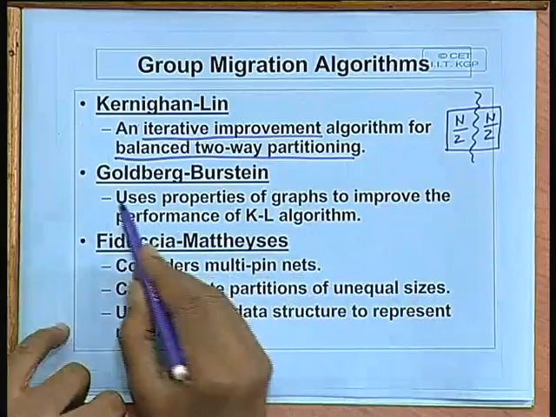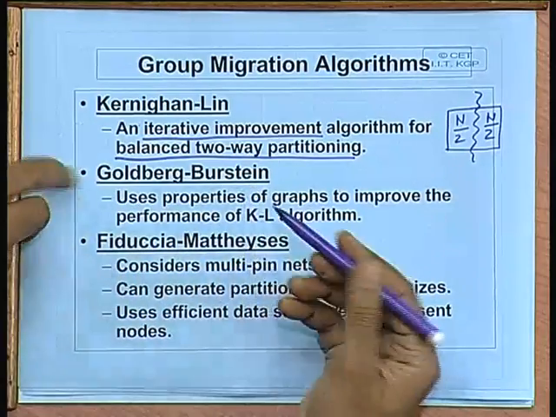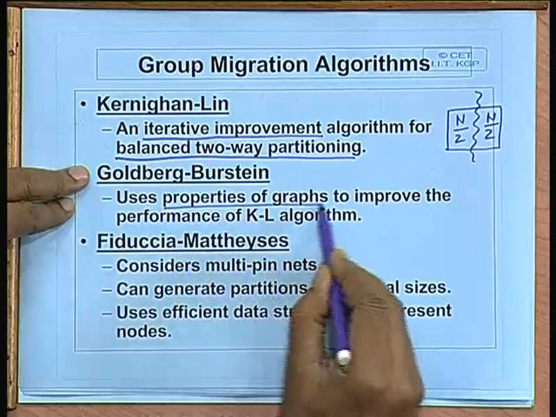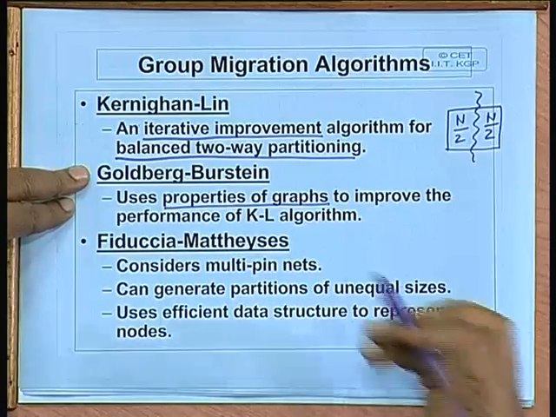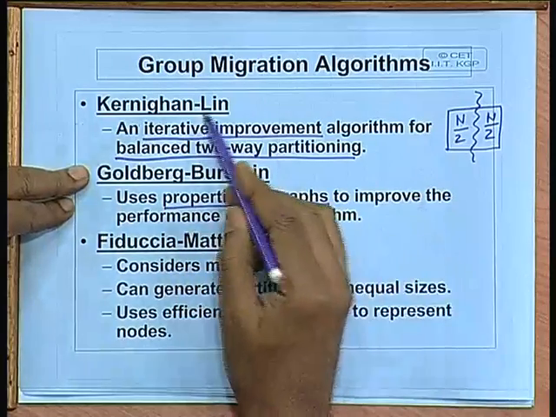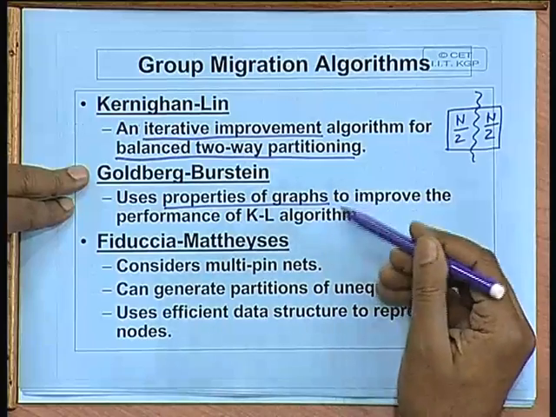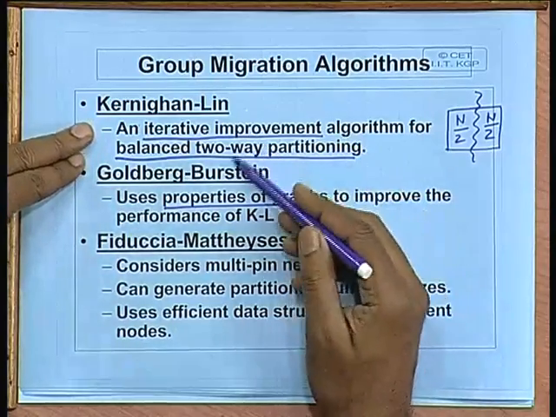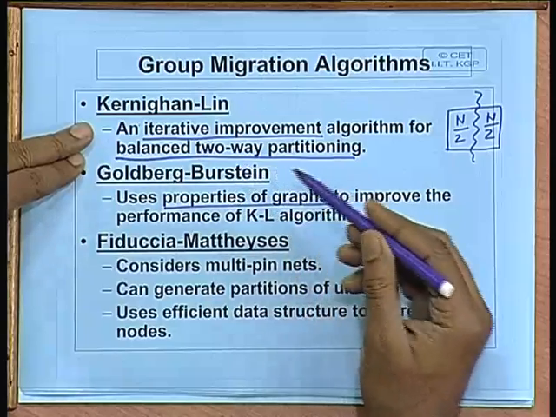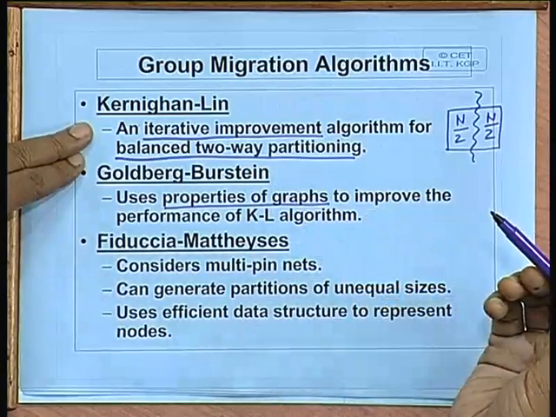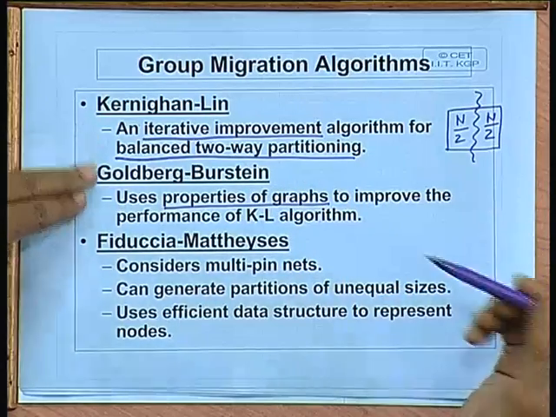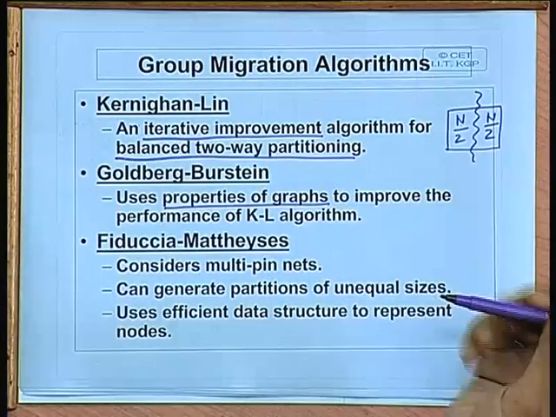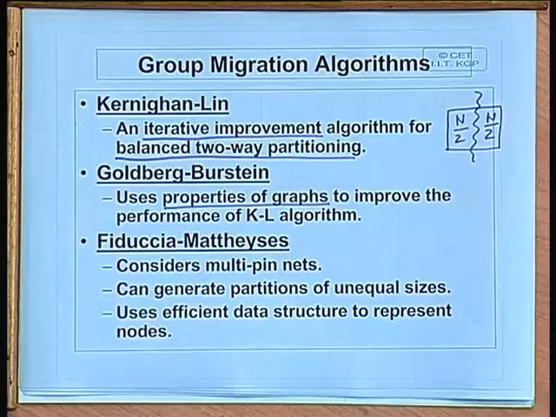And we had mentioned Goldberg-Bernstein is not a separate algorithm in its own right. It uses some properties of graphs. It modifies a graph into another and after that we apply the Kernighan-Lin algorithm. It tries to improve the density of the graph. It is seen that Kernighan-Lin algorithm works well for graphs with high densities, but Goldberg-Bernstein algorithm tries to do that and then applies Kernighan-Lin.